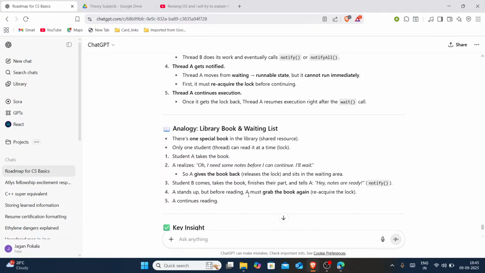Hey, notes are ready. But before reading, A must grab the book again.